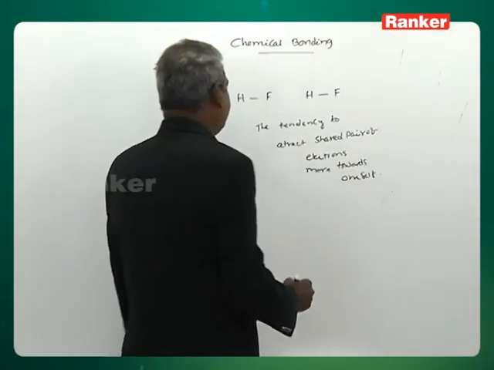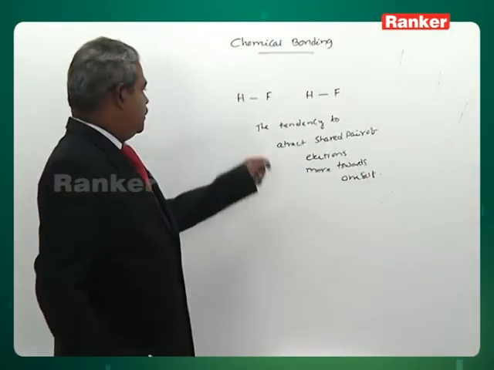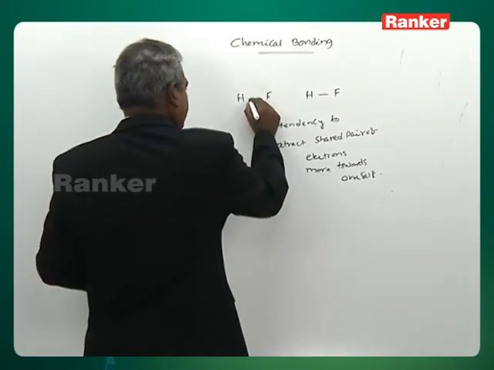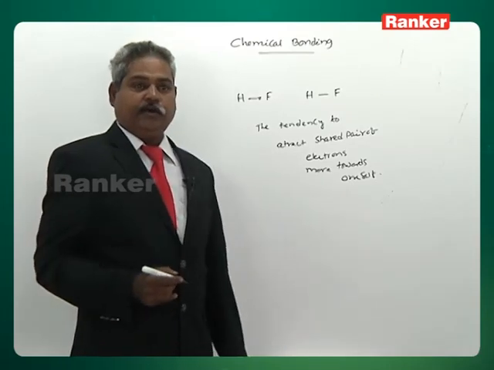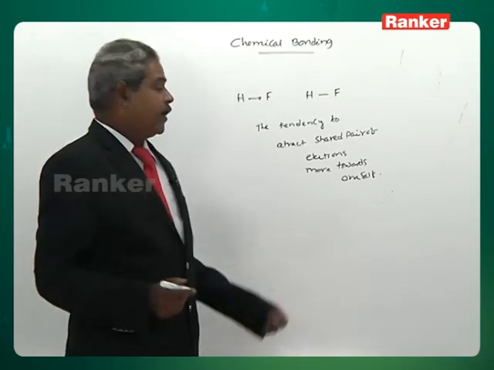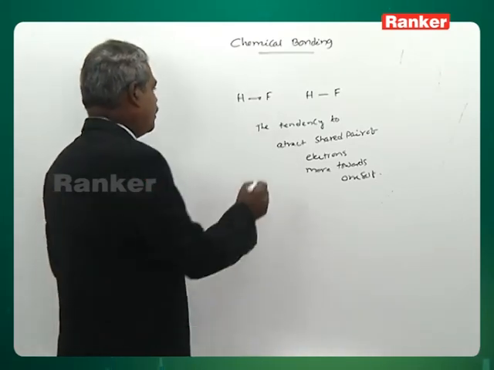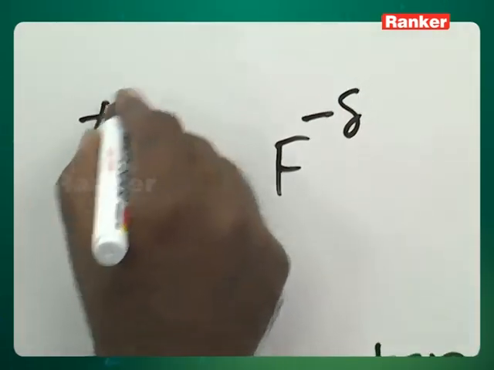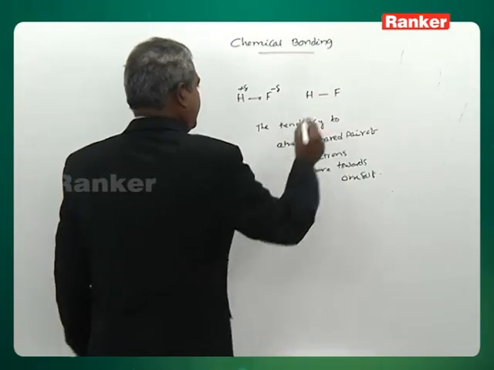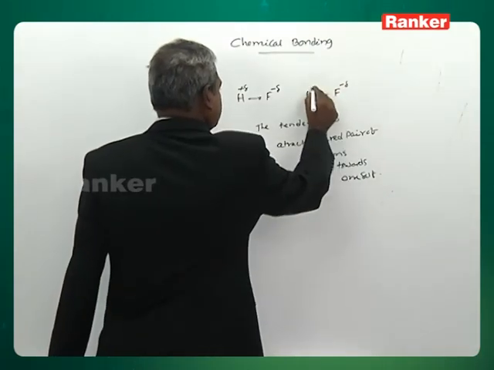These 2 electrons belong to both hydrogen and fluorine equally, but fluorine wants to enjoy a lion's share of it. Therefore, it always keeps the electrons. So, it becomes minus delta, plus delta. And here this fluorine also minus, plus.